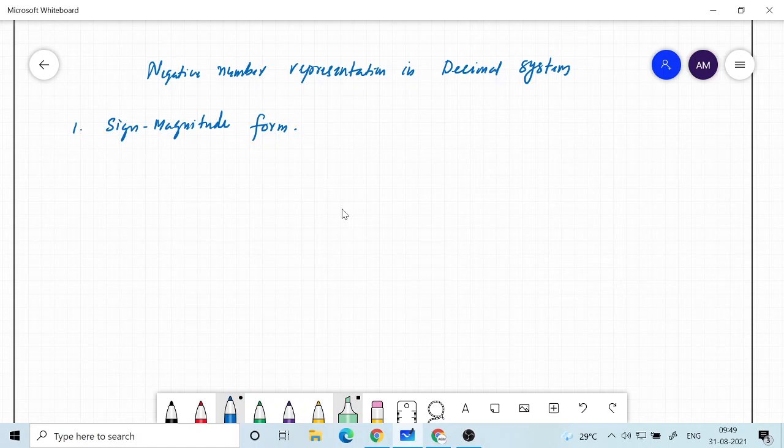So magnitude is one thing and sign is a separate thing. For example, you have plus 12 and minus 12. This 12 is the magnitude, and plus or minus is the sign. So that is the sign magnitude form.